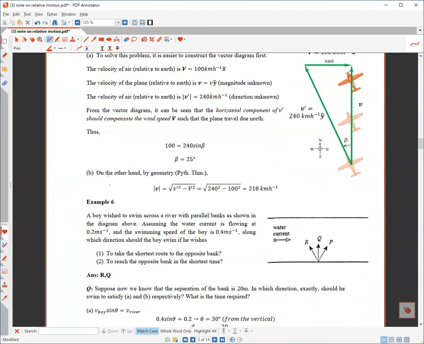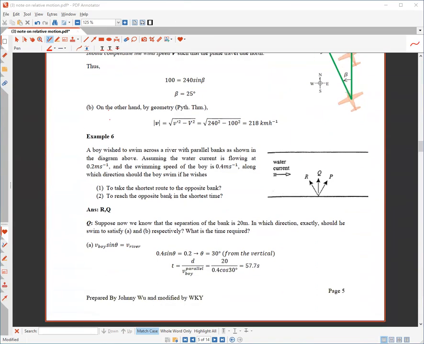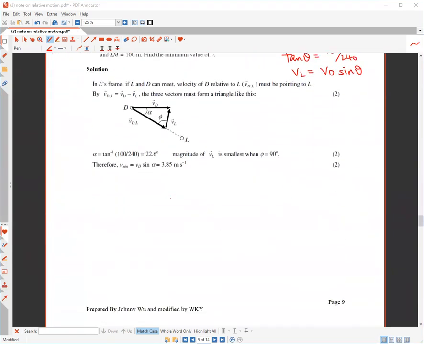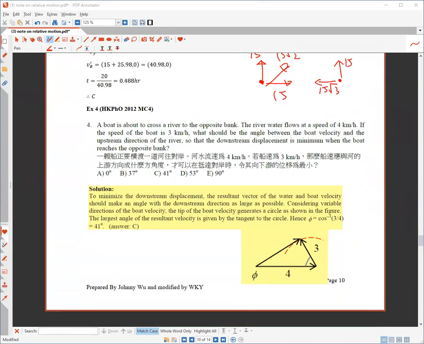But in this question, the water flow speed is larger than the speed of the ship. Look at the English, don't look at the Chinese.